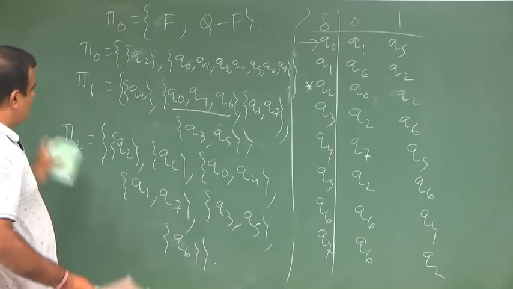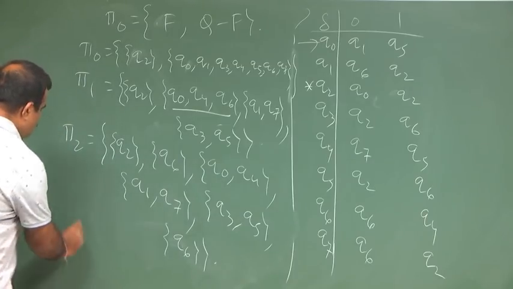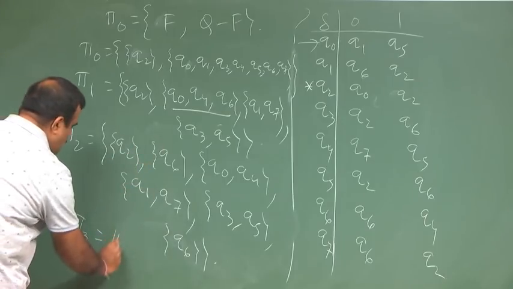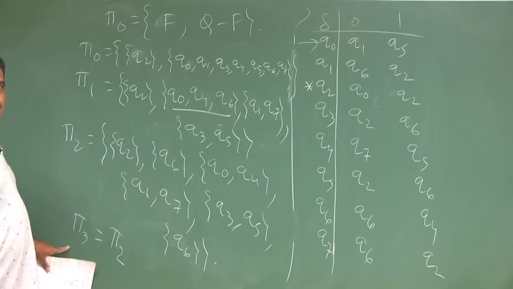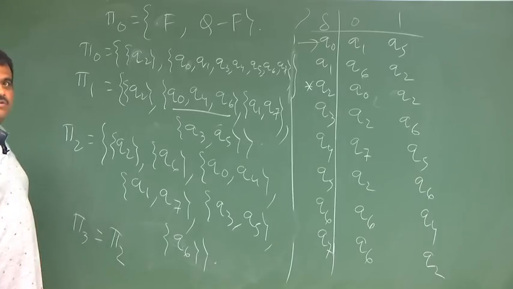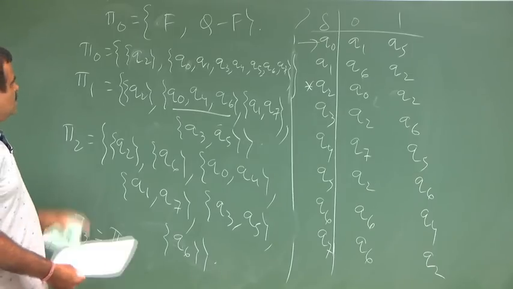So, this is the final state, and if we want to further decompose, we can easily check there is no further decomposition possible, and it is converging. So, eventually this is the final equivalence class.